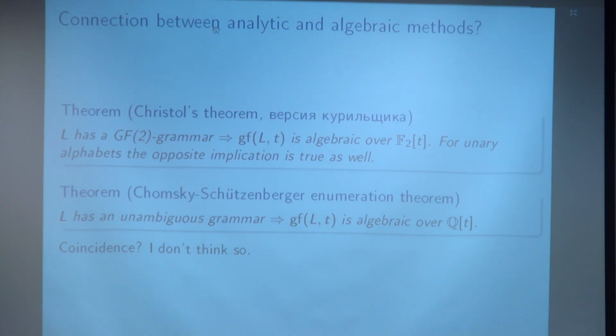There is a kind of analogy between Christol's theorem, which is the base result on which our methods are based, and the Chomsky-Schützenberger enumeration theorem, which is the base result on which analytic methods are based. And there is a similarity when we restate Christol's theorem in a slightly inadequate way, which is actually equivalent. But I just don't recommend learning it this way.